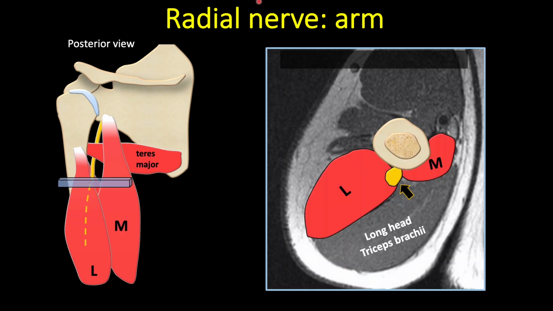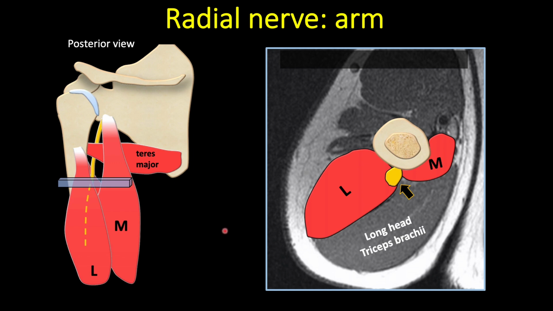This slide shows in more detail the course of the radial nerve in the upper part of the arm. On the left, you can see another scheme that depicts the relationship between the triceps brachii muscles with the medial and lateral heads and the teres major muscle.